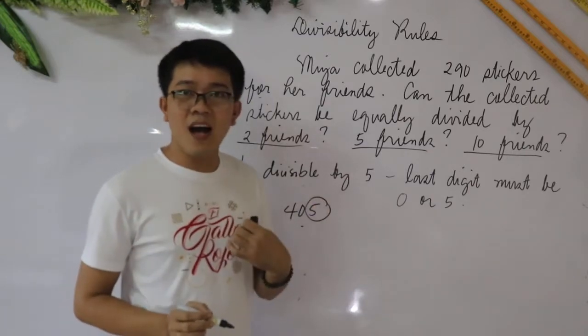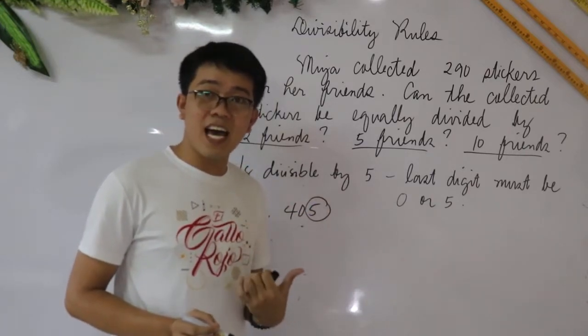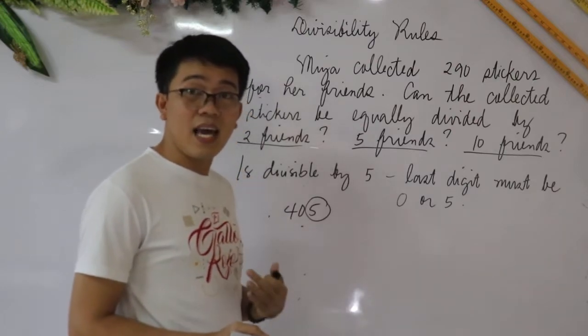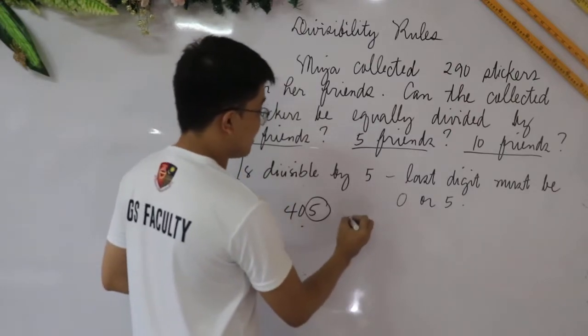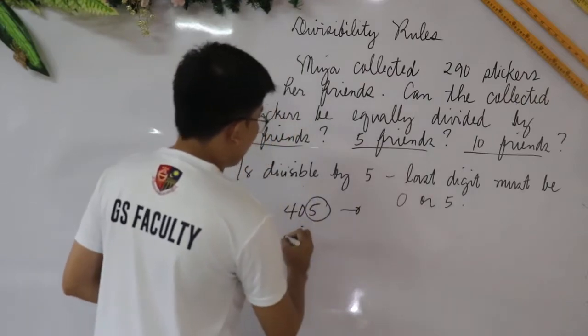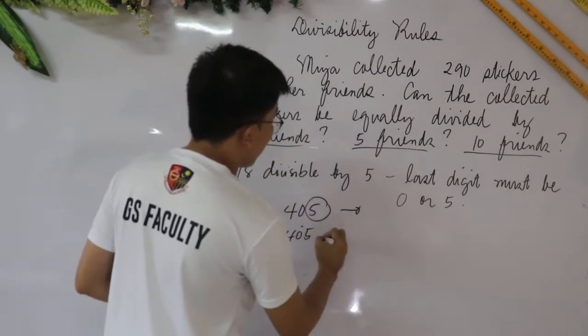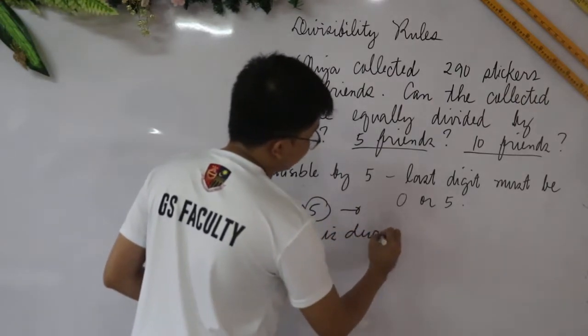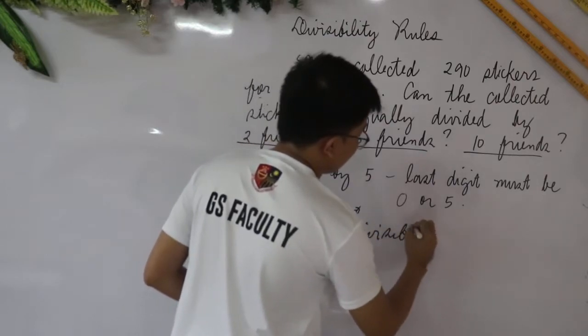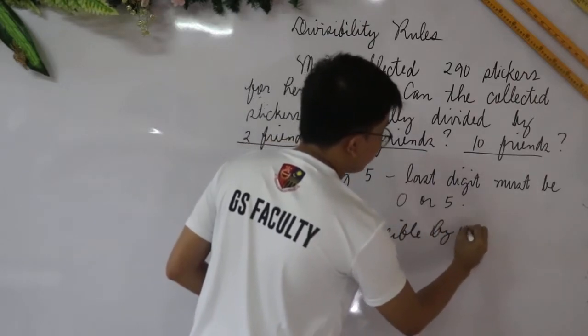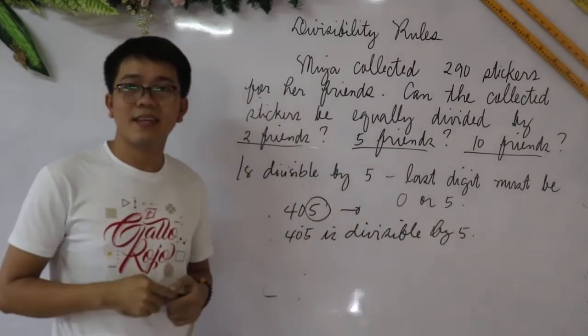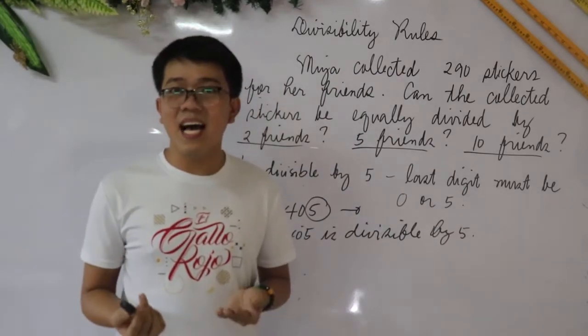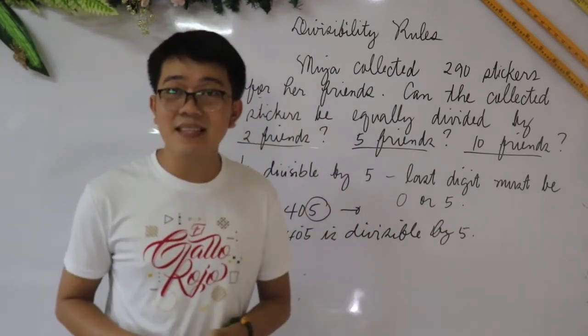Do you think it is divisible by 5? Yes, definitely. So we say that this number is divisible by 5. You don't need to divide it actually. You just have to check the last digit.